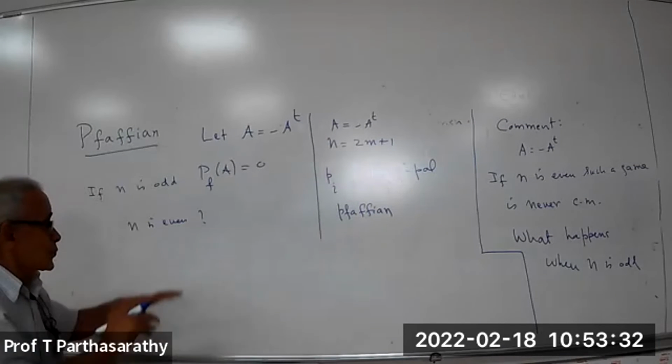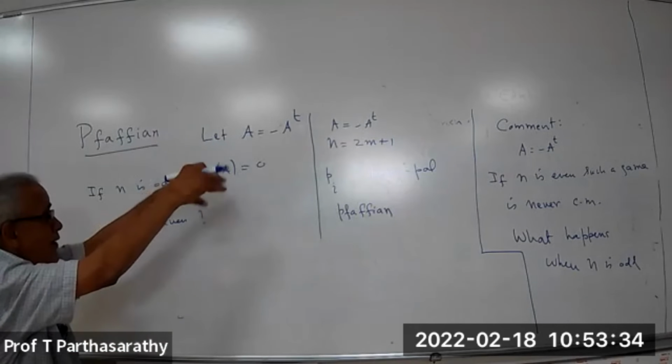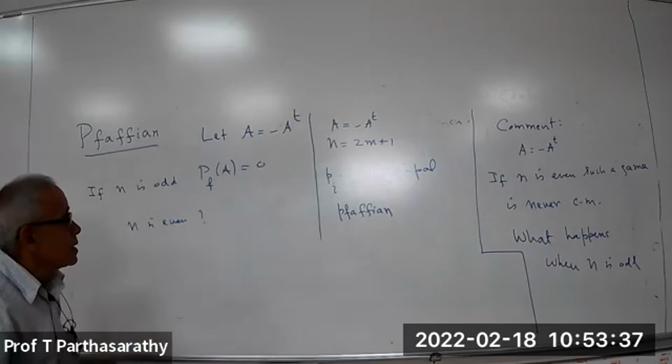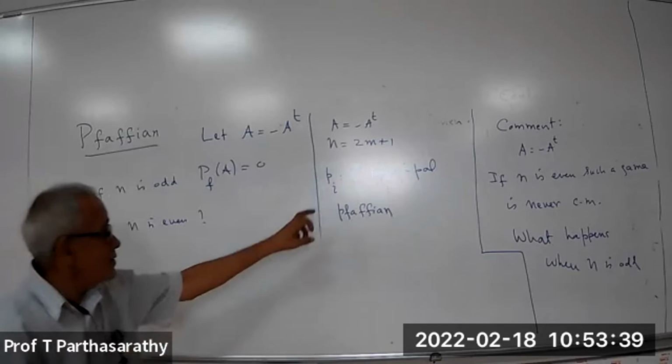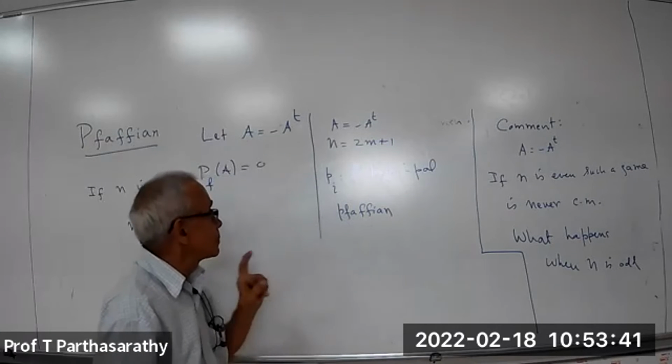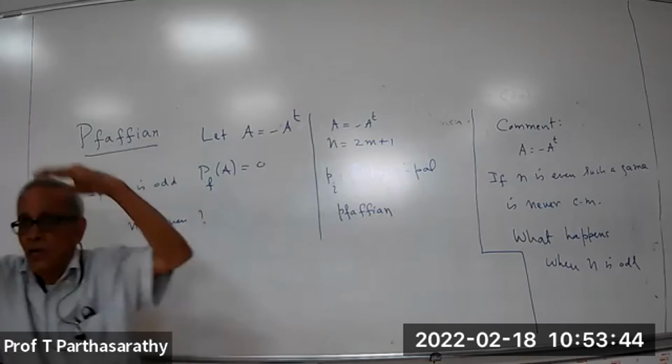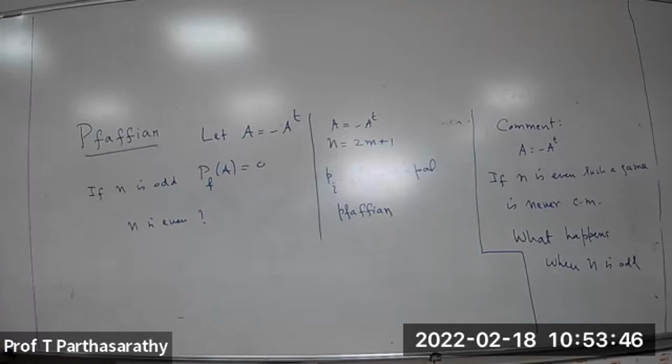Of course, the entire matrix Pfaffian is 0 because it is odd, but I'm going to define a specific thing, the ith principal Pfaffian. That means you leave out the ith row and the ith column. Now you have a square matrix of even order, which is also skew symmetric. And we know that the determinant of an even skew symmetric matrix is nothing but the square of a polynomial. The entries of the polynomial come from the elements of that matrix.